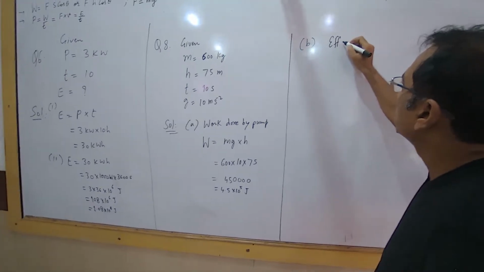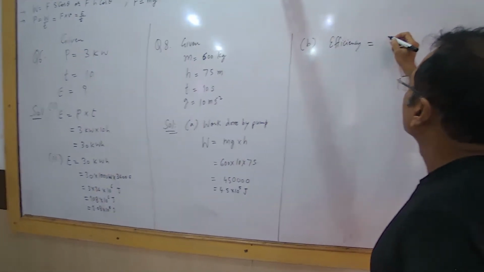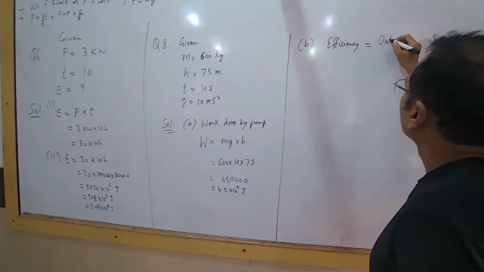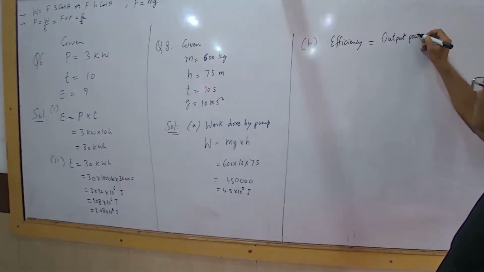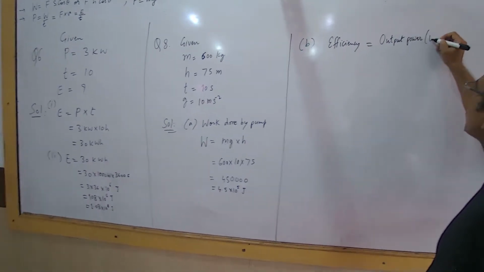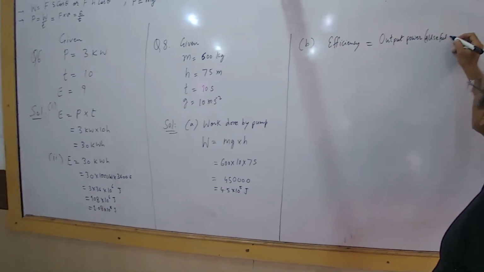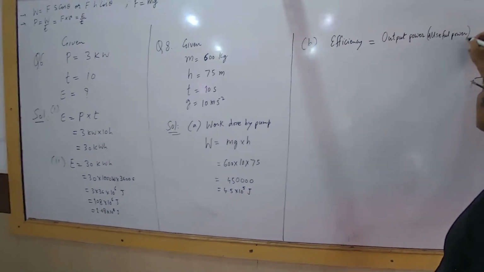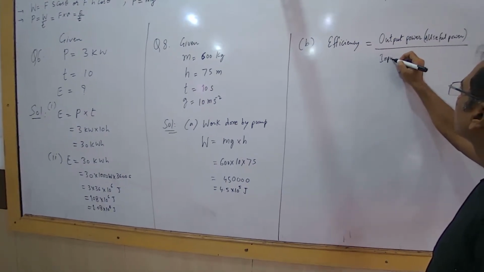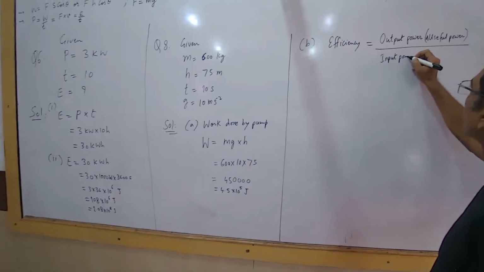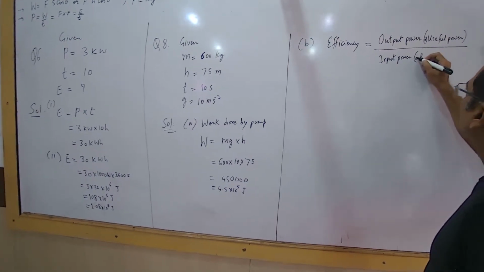Efficiency of a machine is given as output power, which is also called useful power, divided by input power, or power consumed.